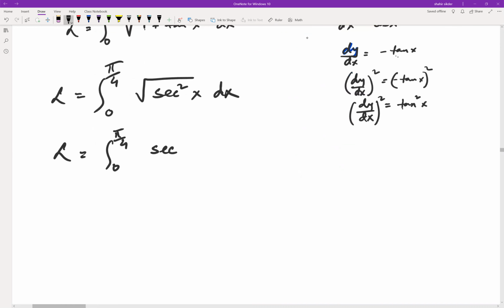Plugging in the upper bound, you'd have natural log of secant pi fourths plus tangent of pi fourths, minus the upper bound minus our lower bound.